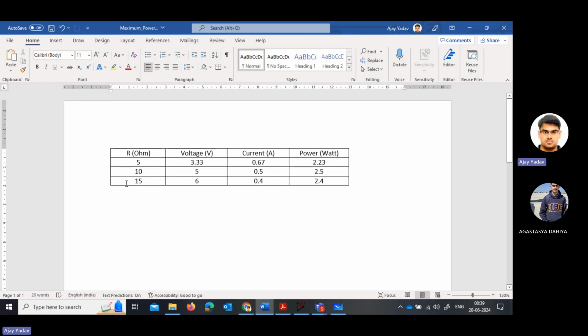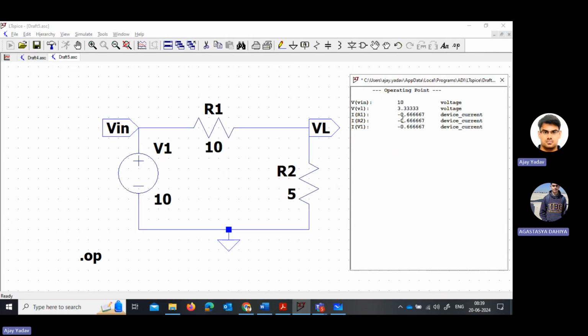I am varying the load resistance RL: initially I had taken 5, then 10 and 15, and then I am calculating the corresponding voltage. Corresponding to 5 ohm load resistance, you have a voltage of 3.33. If you see in LTSPICE, the value of V at V1 is 3.33.